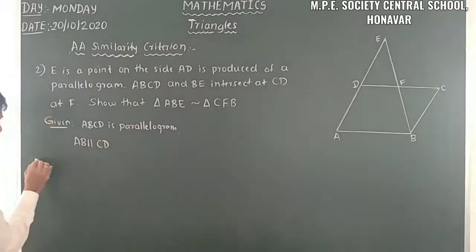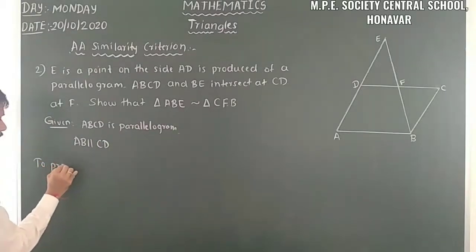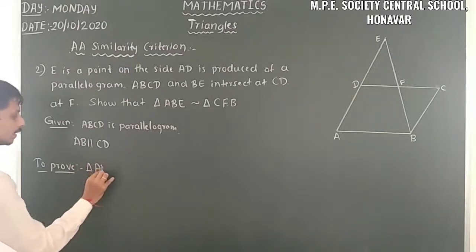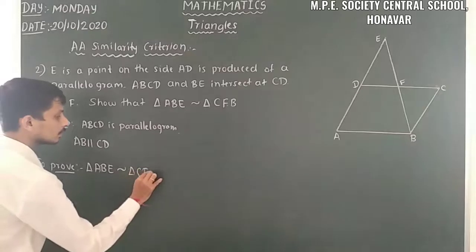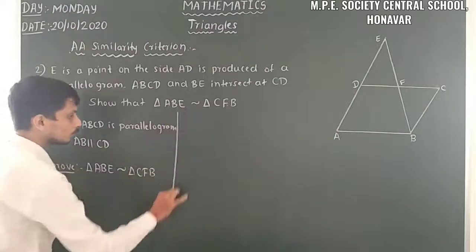So what do we have to prove here? To prove: triangle ABE is similar to triangle CFB.